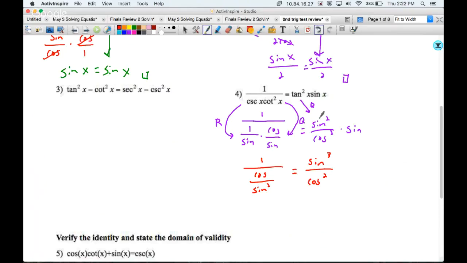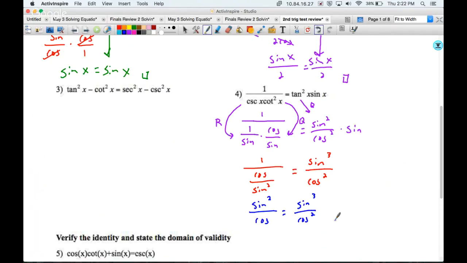When I add the sine on top, copy dot flop this one. Now I've got sine squared over cosine equals sine cubed over cosine squared. Have I made a mistake?